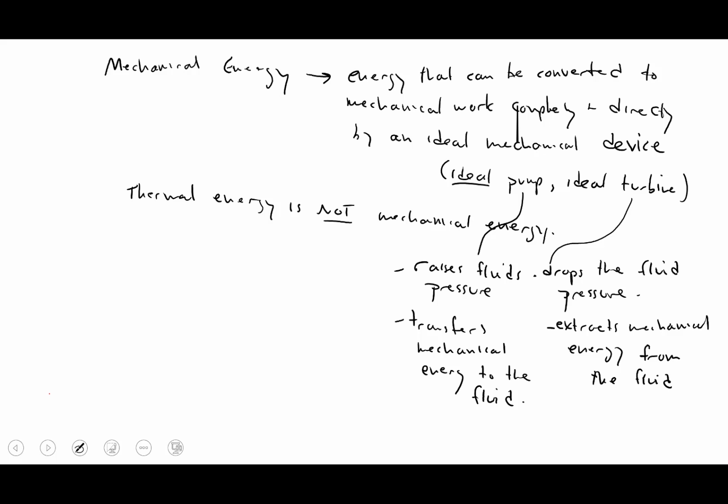Before writing an equation for the mechanical energy of the flowing fluid, let's first look at a couple of things. First of all, let's look at the pressure. The pressure is not within itself energy, but the pressure of a flowing fluid is associated with its mechanical energy.